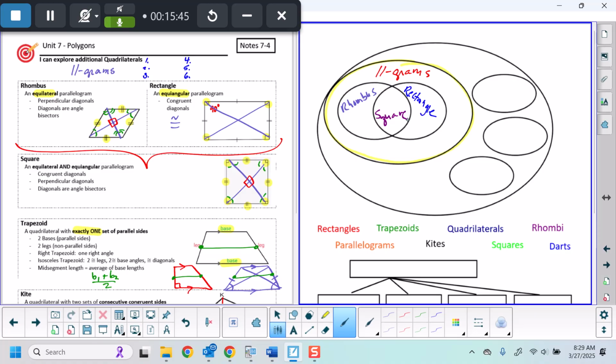Everybody lives in Fairfax County, even bigger, Virginia, even bigger, United States of America, even bigger, North America, even bigger, planet Earth. You can continue zooming out or zooming in if you wanted to get more and more specific. These nested diagrams show that specificity.